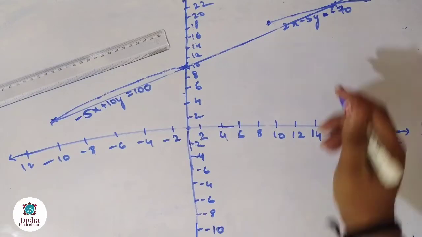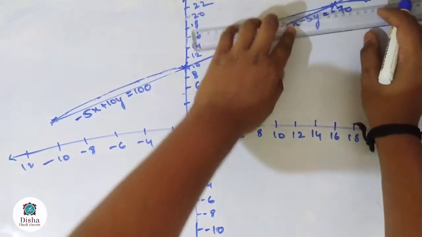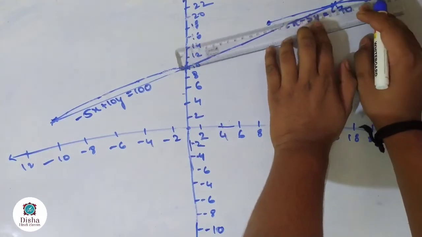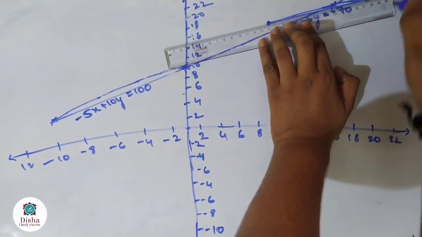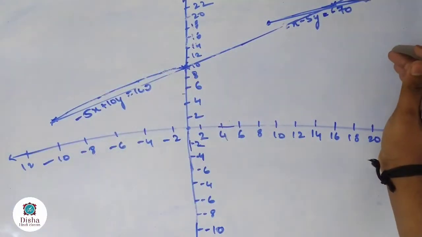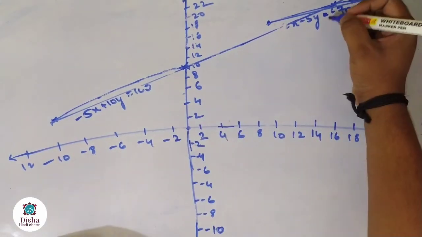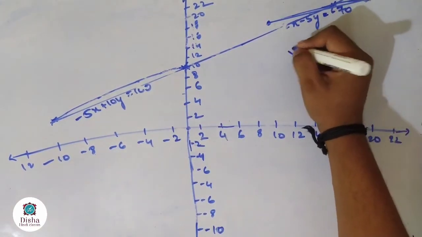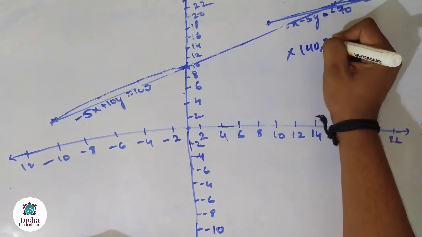So this is not a straight line, right? Let us draw this also with a scale. This is not that accurate because this is not the actual graph. It's on a whiteboard. So the intersecting point you get is 40 comma 30.